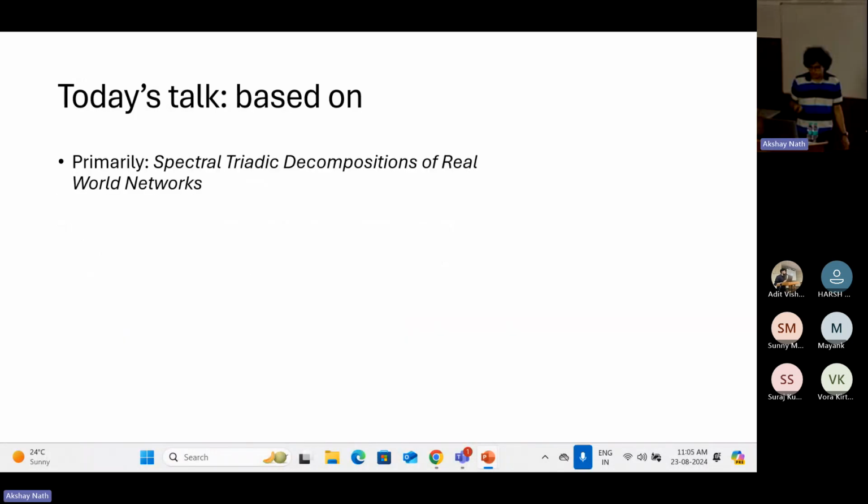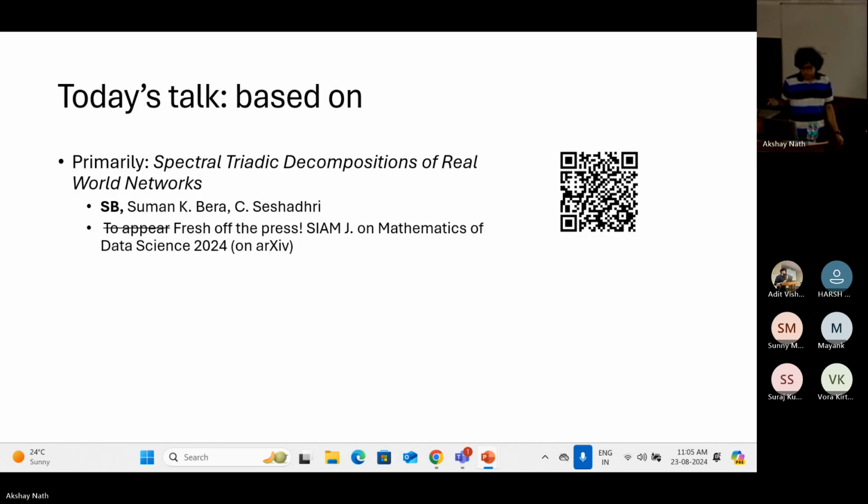Today's talk is primarily going to be based on this paper, which is Triadic Decompositions of Real-World Networks. It appeared in the SIAM Journal on Mathematics of Data Science, I think 2 weeks ago. It goes to arXiv, I think, but if you go to the journal's website, you'll find the full paper.